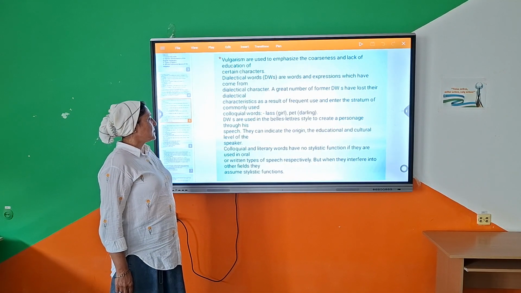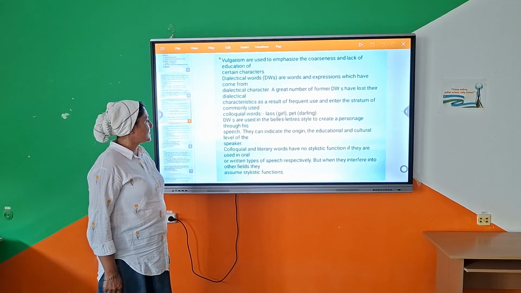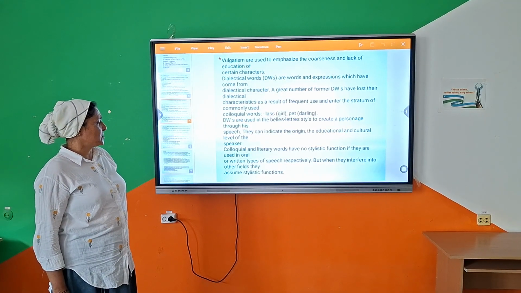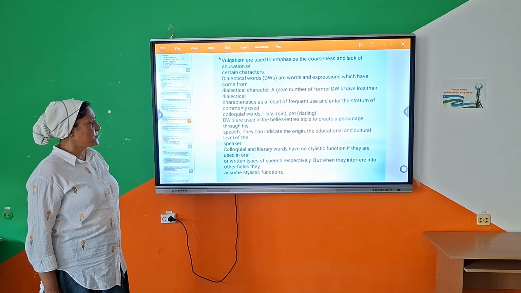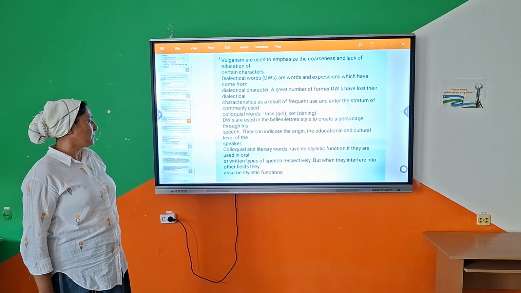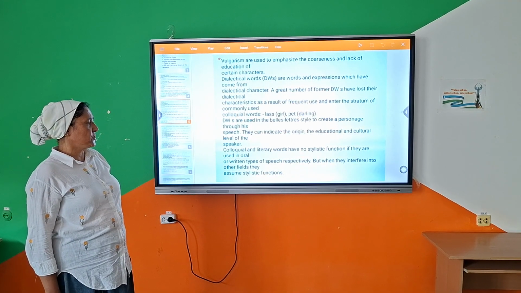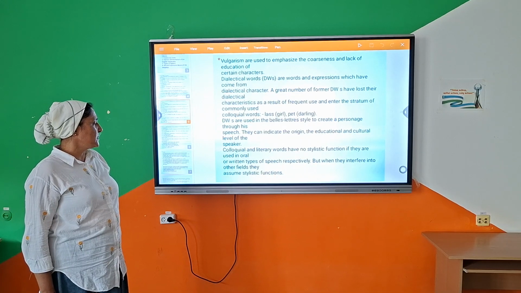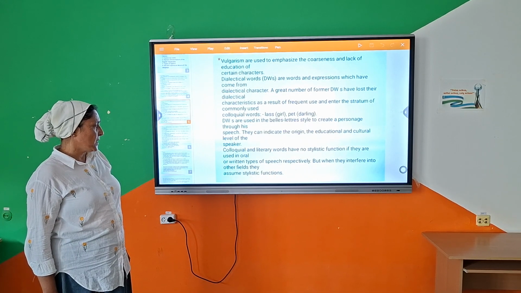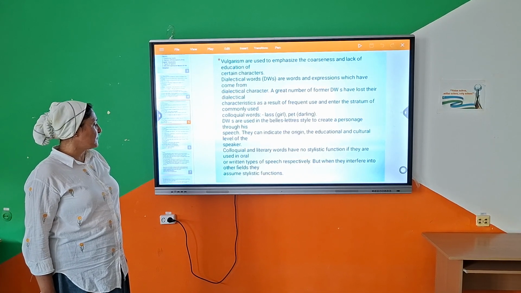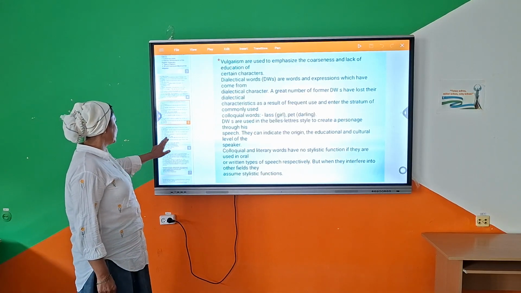Dialectal words are used in the belles-lettres style to create local color through a character's speech. They can indicate the origin, the educational and cultural level of the speaker. Colloquial and literary words have no stylistic function if they are used in oral or written types of speech, respectively. But when they intrude into other fields, they assume stylistic functions.